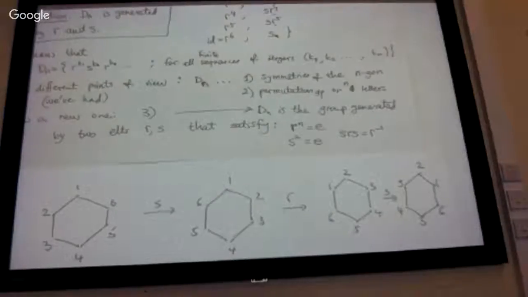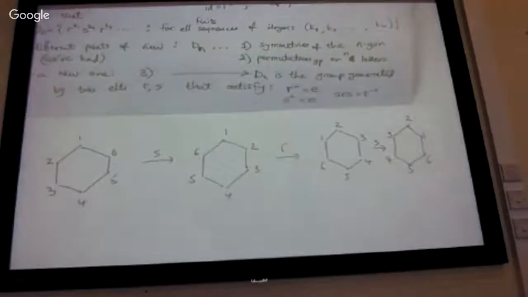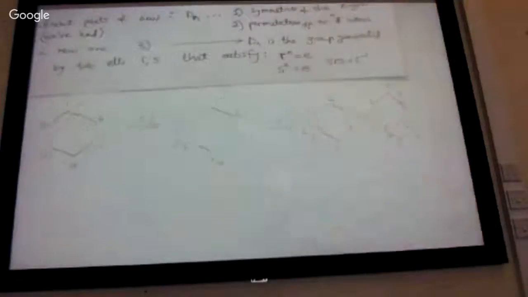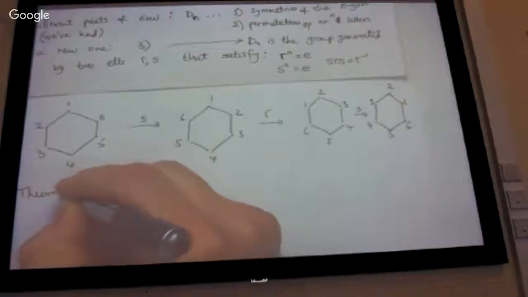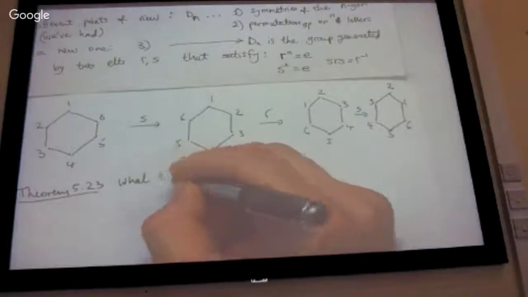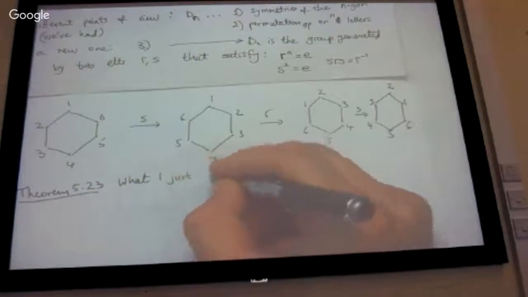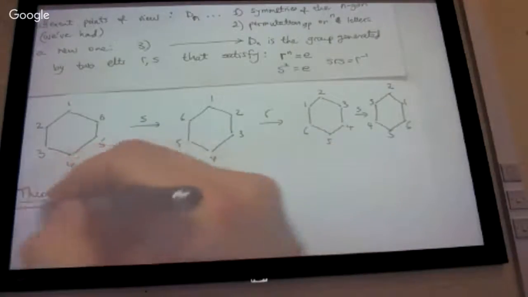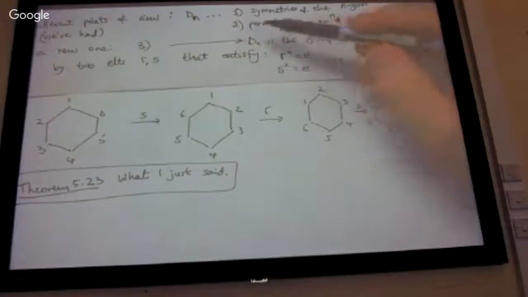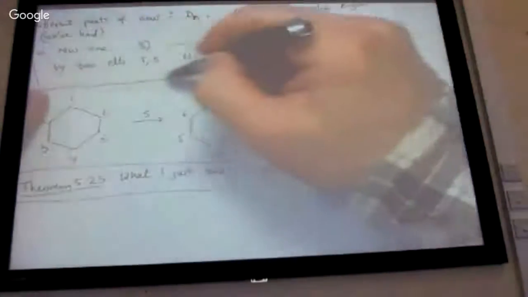So it's theorem 5.3. It's this, in fact.